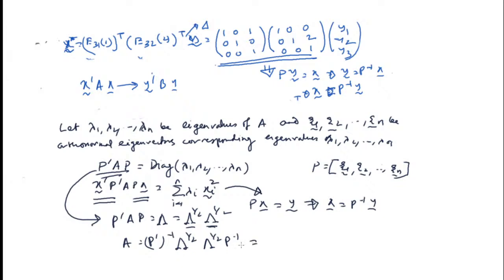We denote this by B prime. Hence, any positive definite matrix can be written as a product of two non-singular matrices. We know this result.